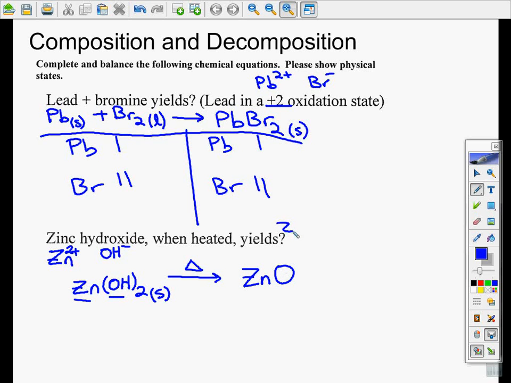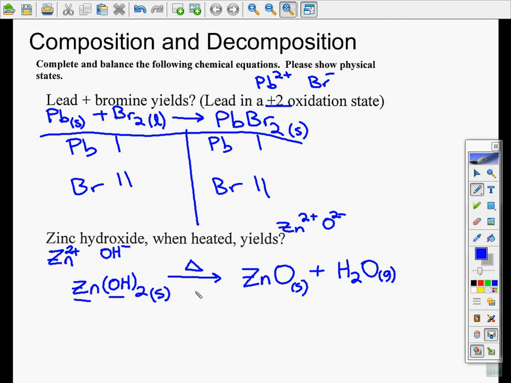Remember, once again, zinc is going to be a 2+, oxygen is going to be an oxide, a 2-, so it's going to be a 1-to-1. And it will be, once again, ionic. So solid plus, and when we have a metallic hydroxide, it also forms water. And the water, since we added the heat, is going to be in the form of a gas. It goes away. So that is my skeleton equation.